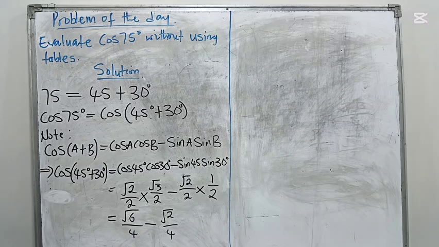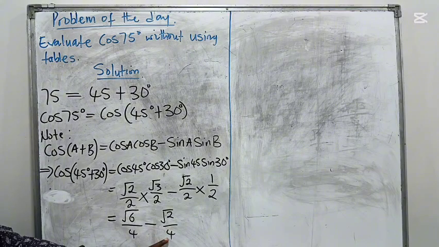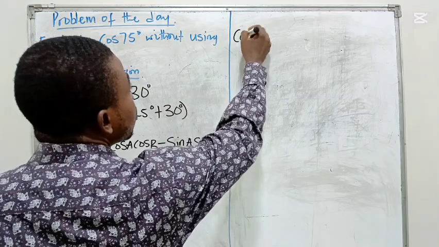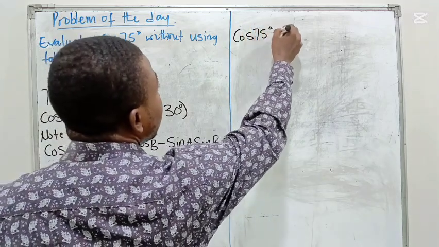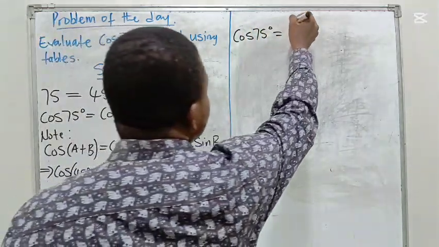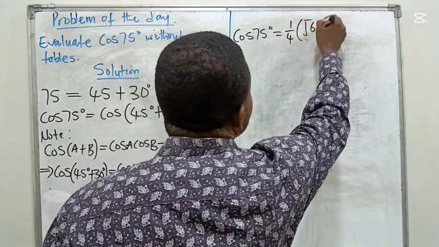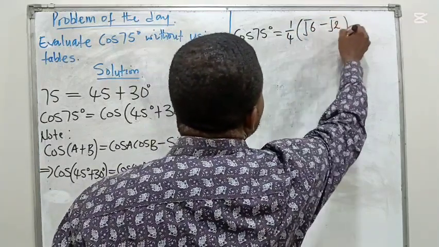Observe that both the first fraction and the second fraction have the same denominator. Since they have a common denominator, we can write cos 75 degrees as 1 over 4 times square root of 6 minus square root of 2.